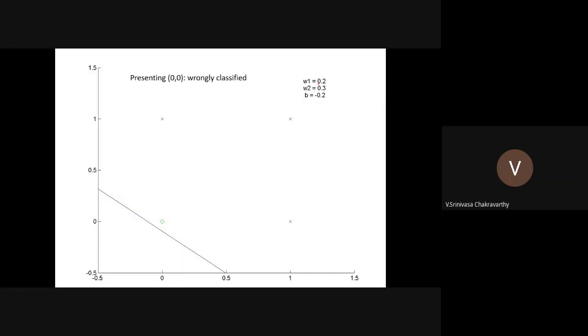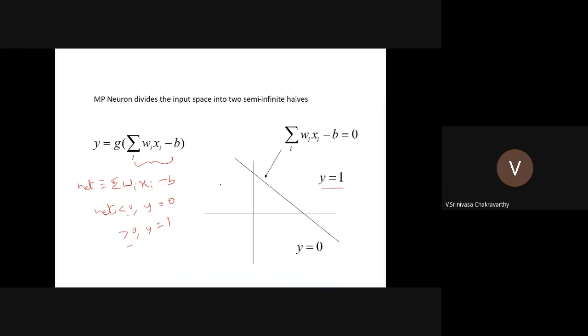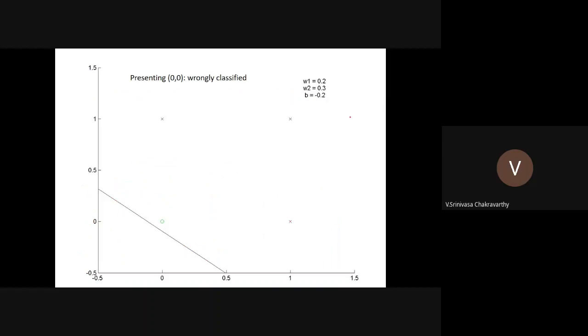For these parameters, this is the decision boundary. For these values of the parameters, the decision boundary is here, and the 4 points are here.